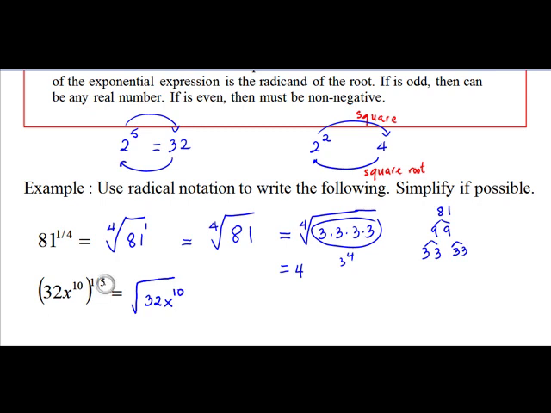The 5, which is the denominator, is your index. And then you simplify. The 5th root of 32 is 2, because we know that 2 to the 5th is 32. So when you go the opposite way, the 5th root is 2. Now for the variable, you take 5, divide into the 10 here, which goes 2 times.